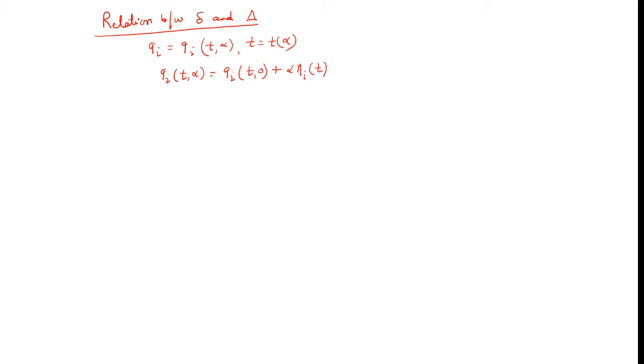This I have discussed in detail in my previous lectures, that eta is a well-behaved function, and this alpha is representing different paths. This qi(t, 0) is the actual path, right?